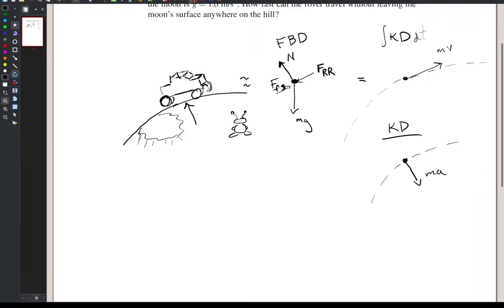All right, so MA, we know it's pointing towards the center of the hill, right?